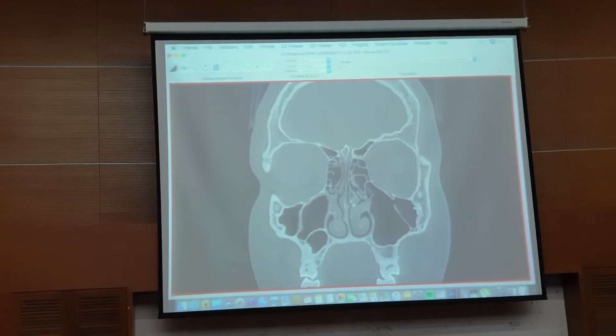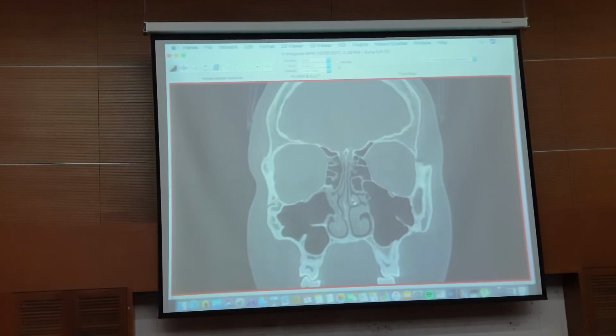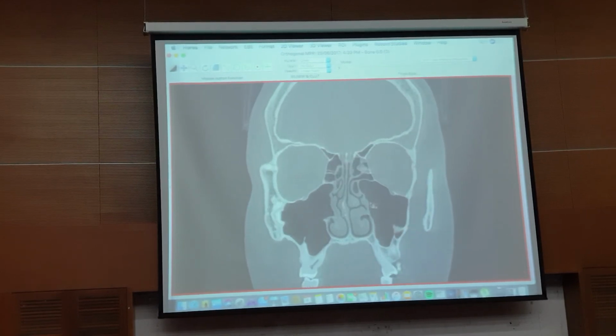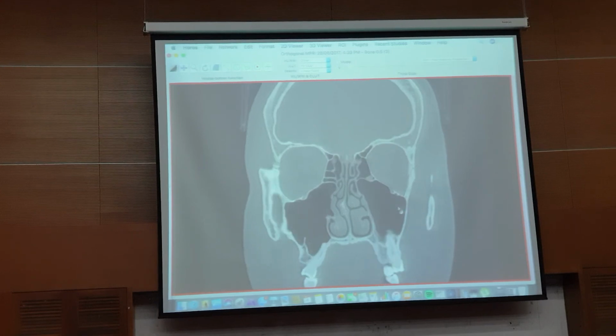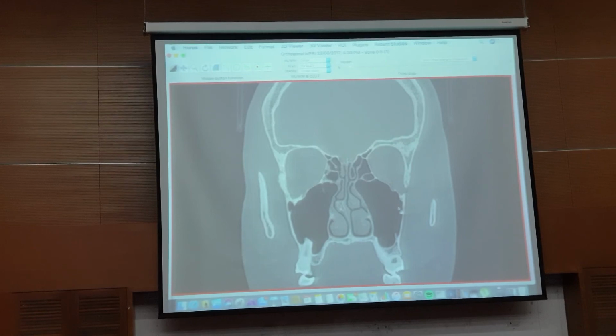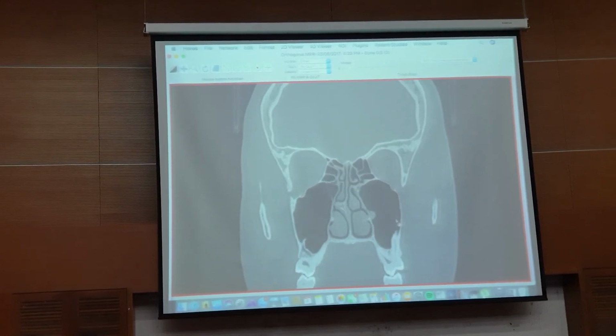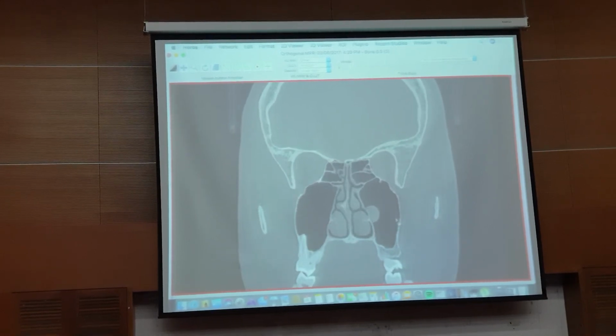Anything else? You should really see something else here too. Maybe a concha bullosa on the left. Yes, deviated nasal septum. And the spur, excellent. You can see a nice spur there. Anything else?